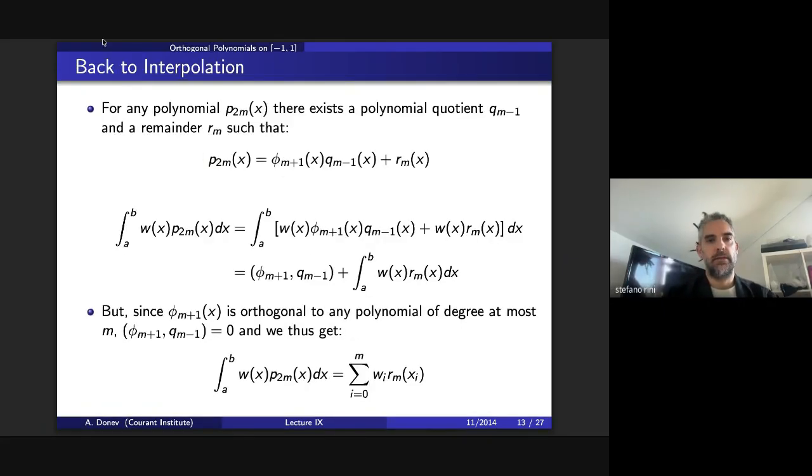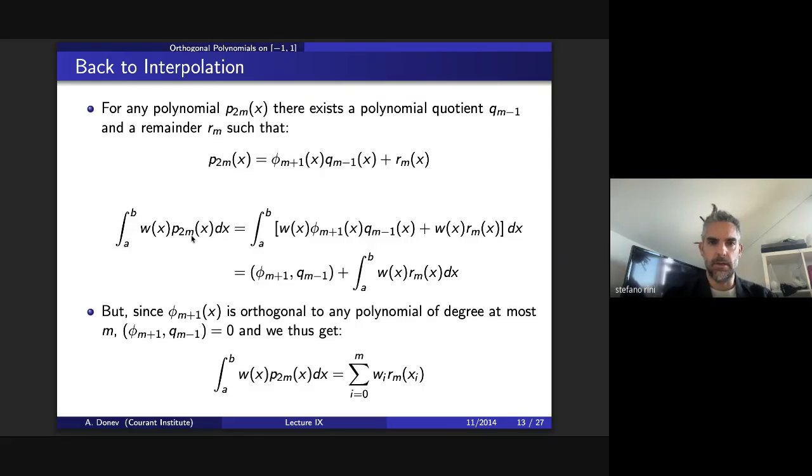So now we can go back to the interpolation that we had before. For any polynomial p_2m of x, there exists a quotient polynomial q_m-1 and a remainder polynomial r_m such that p_2m of x is equal to the polynomial phi m plus 1 times q_m minus 1 plus r_m of x.